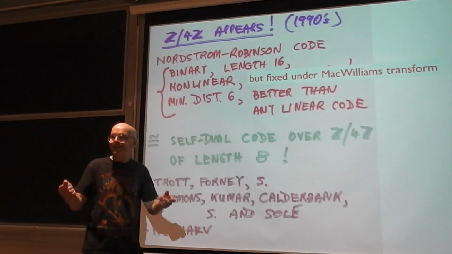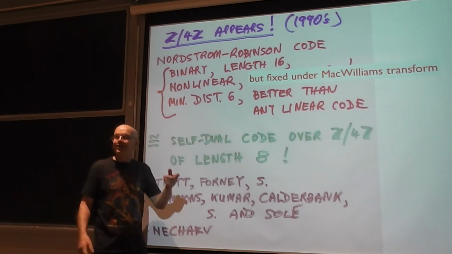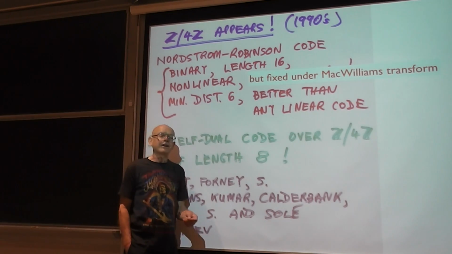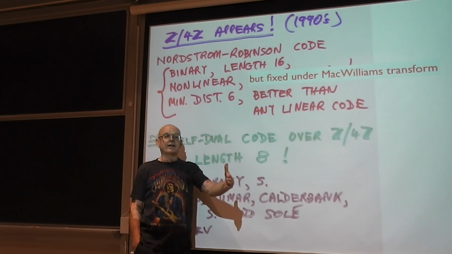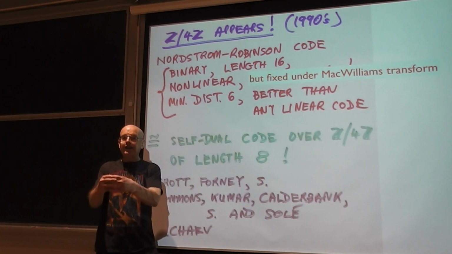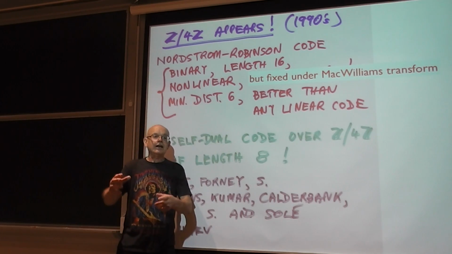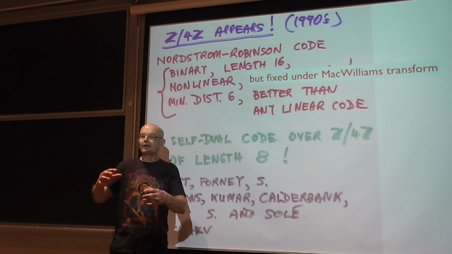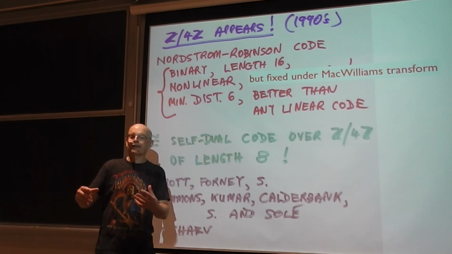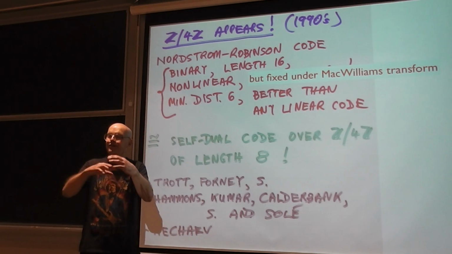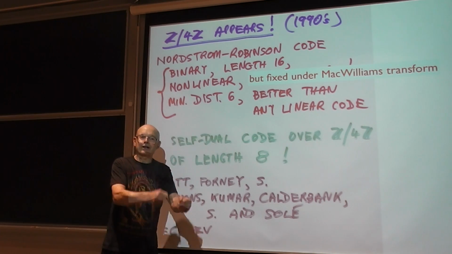But the length 16 code has this fantastic property that it's fixed. If you look at the weight enumerator, it's the same with respect to every codeword. Even though it's not linear, whatever codeword you're sitting at, you look out and you see 112 codewords at distance 6 from you. You see 30 codewords at distance 8 from you. The weight enumerator is invariant of where you're sitting.